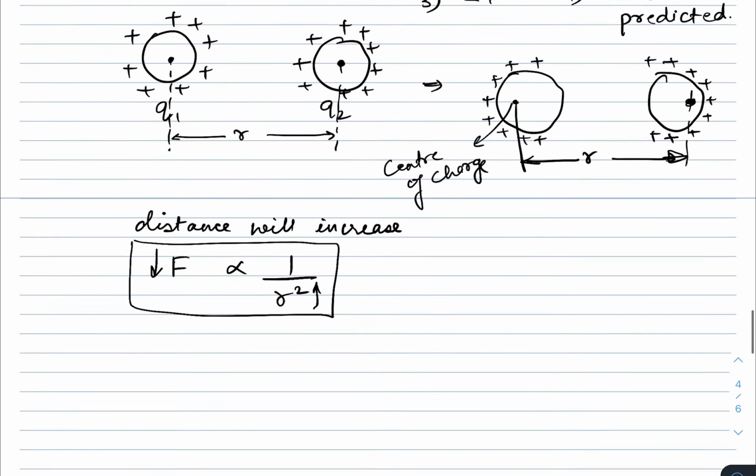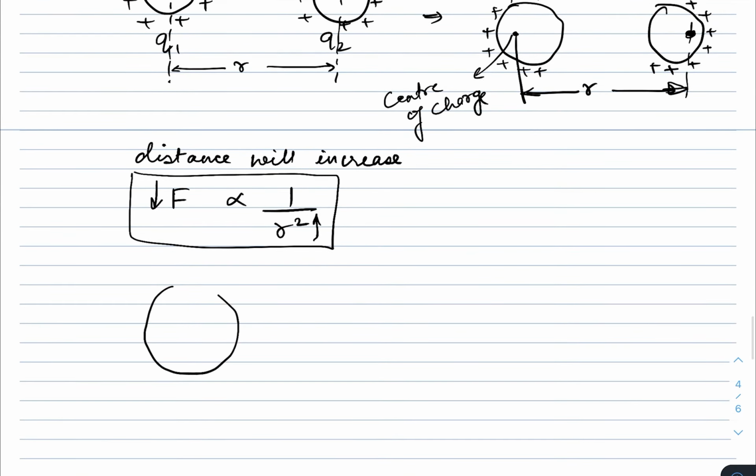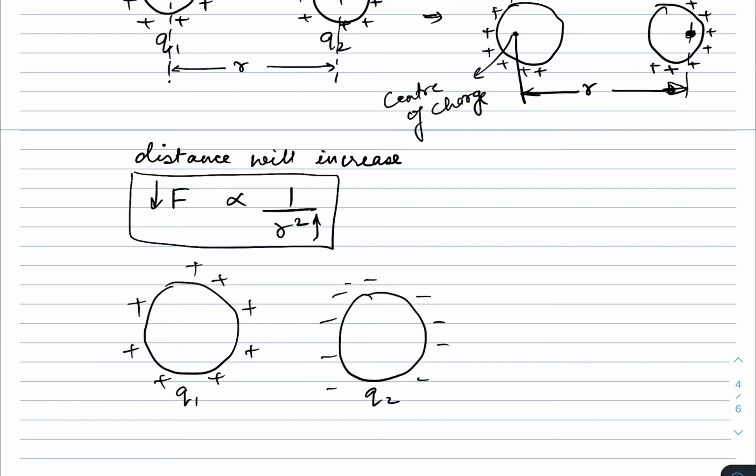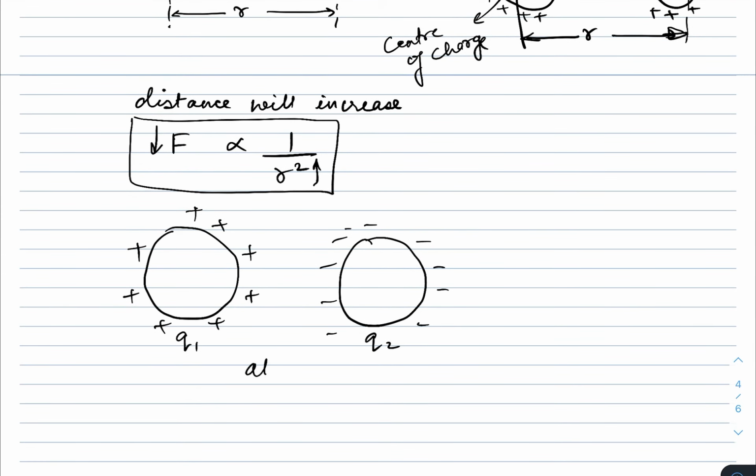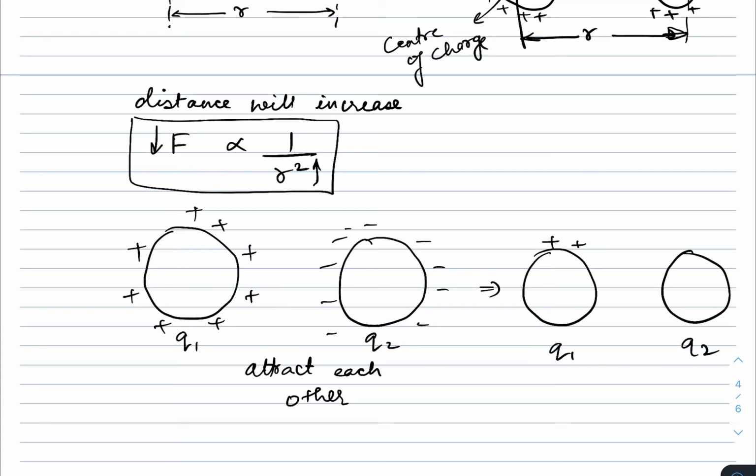But if the charges are dissimilar in nature, say Q1 is positively charged and Q2 is negatively charged, then the positive and negative charges will attract each other, and the result will be that the Q1 and Q2 charges come on the nearer surface. So the center of charge will shift towards each other, and you can see r decreases.